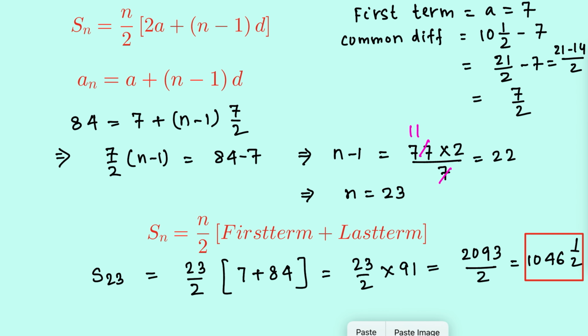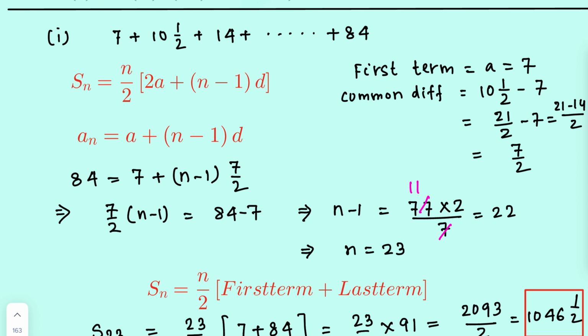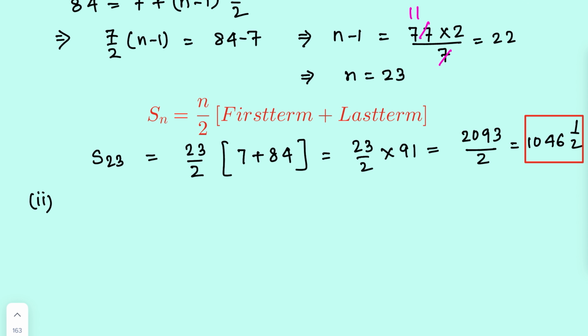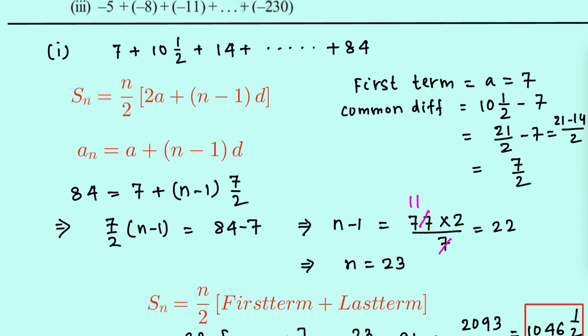And now come to the second part, the second question. It is 34 plus 32 plus 30 plus up to plus 10. Here the first term and last term are given.